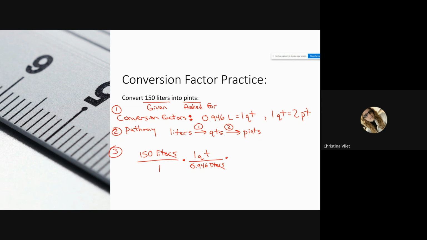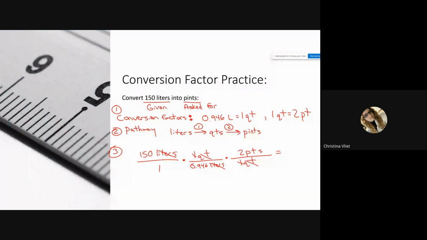Do quarts go on the top or the bottom? The bottom, because they have to cancel again. And then 2 pints go on the top. And then the quarts cancel. Alberto's absolutely correct, because this is the 1 and the 1 that cancels, so you could have just gotten rid of that whole thing. Sure, that works.